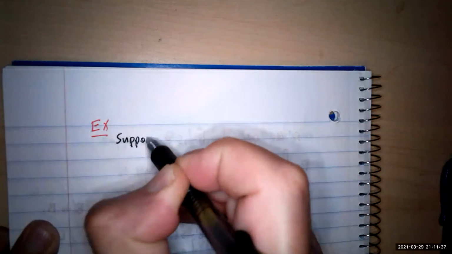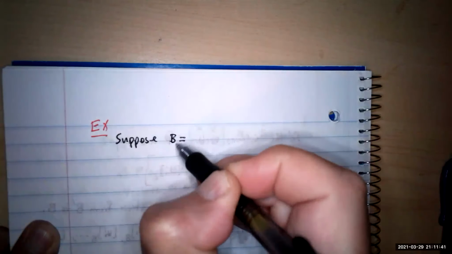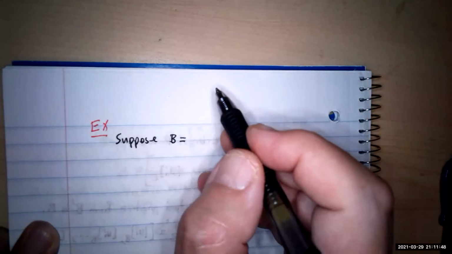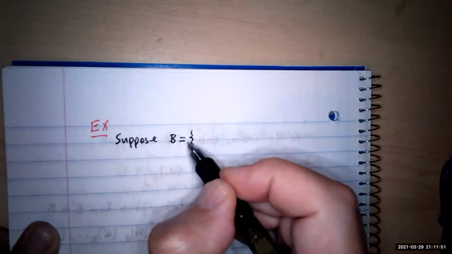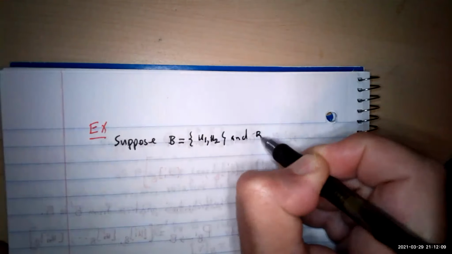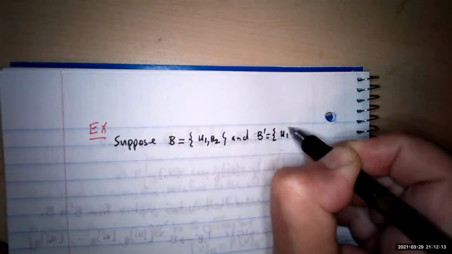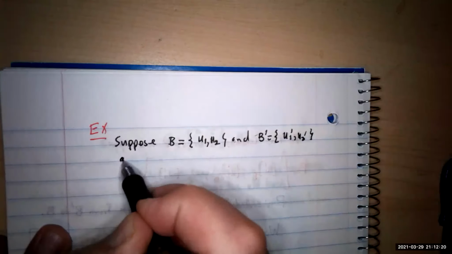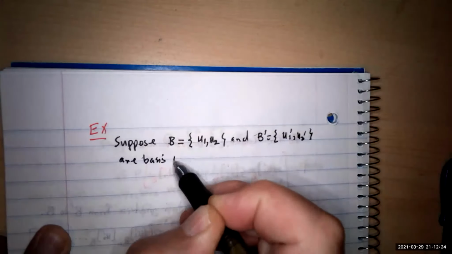Example: we give you two bases. So suppose you have B equal to U1, U2, and B prime equal to U1 prime, U2 prime, where these are going to be our bases in R2.